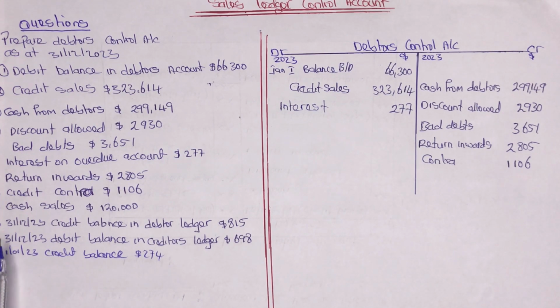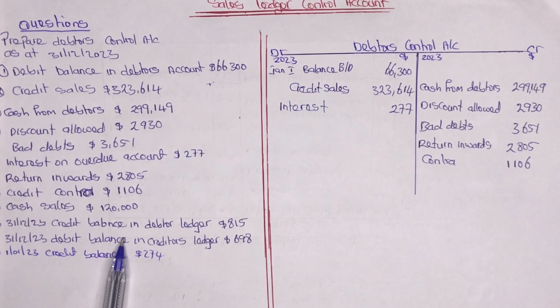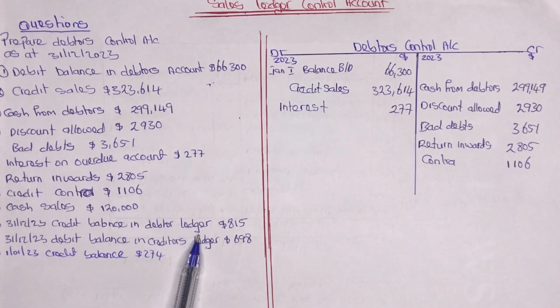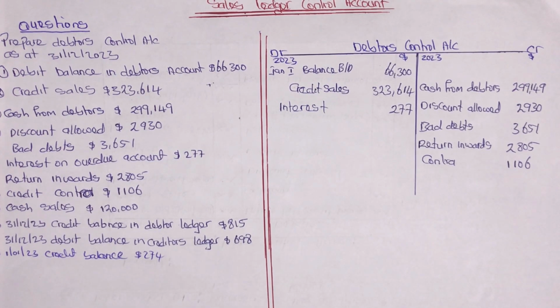We have on 31st of December 2023, credit balance in debtors ledger. The credit balance in the debtors ledger is a liability balance. It is supposed to be in the creditors ledger. So it has to be debited in the debtors ledger and credited back into the creditors ledger.